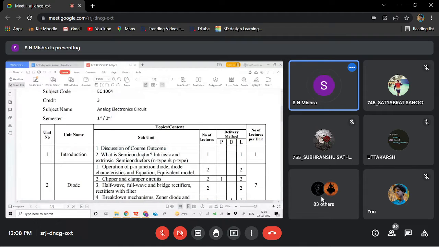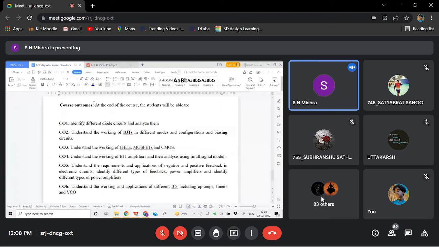You can see here the definition which is defined for this course. At the end of this course, the students will be able to understand CO1, CO2, CO3, CO4, CO5, CO6. That means 6 outcomes are there.